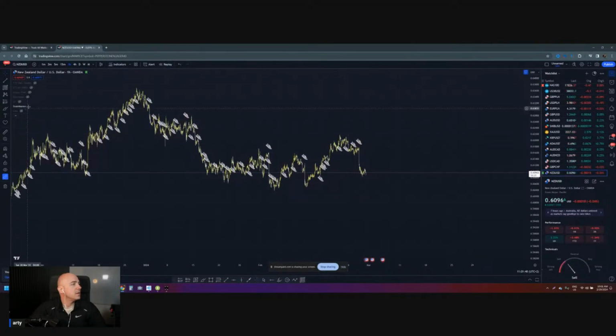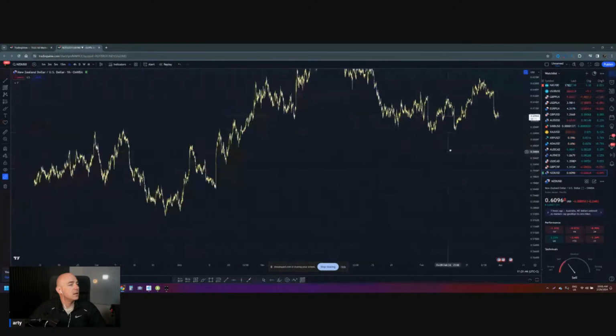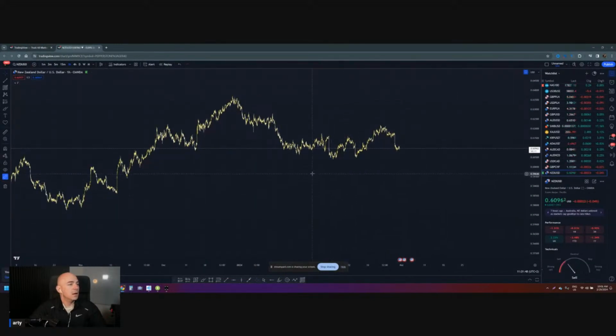Let's take off the Stairmaster. Okay, so overall, we're in an uptrend. We had a retracement here, but still in an uptrend.